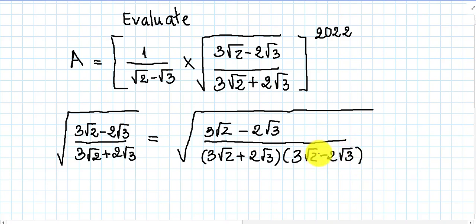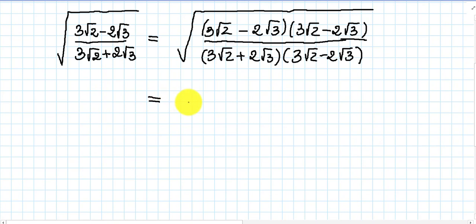When we multiply the bottom with this, the top we must multiply with this too. So we multiply by 3 square root 2 minus 2 square root 3.